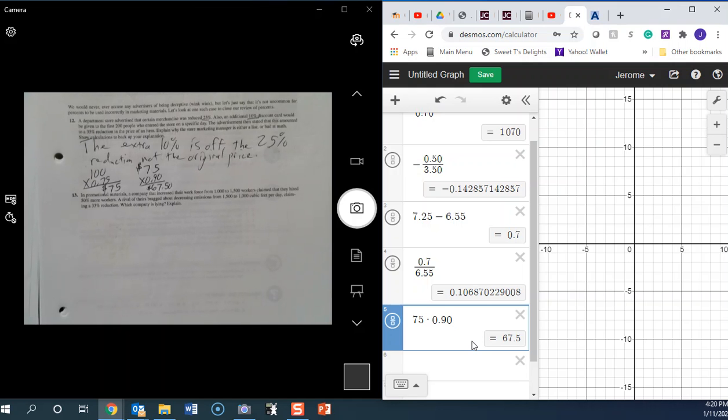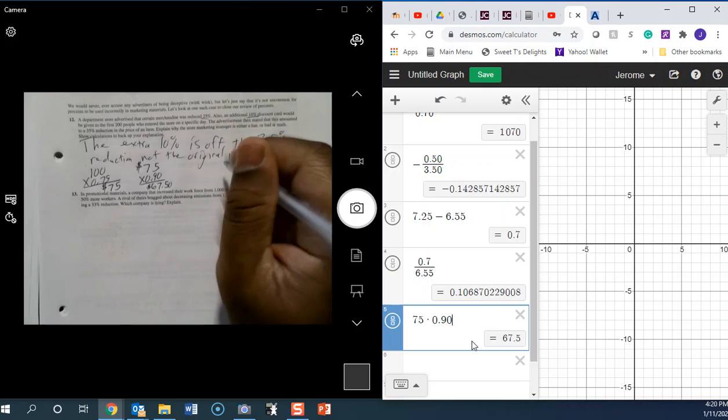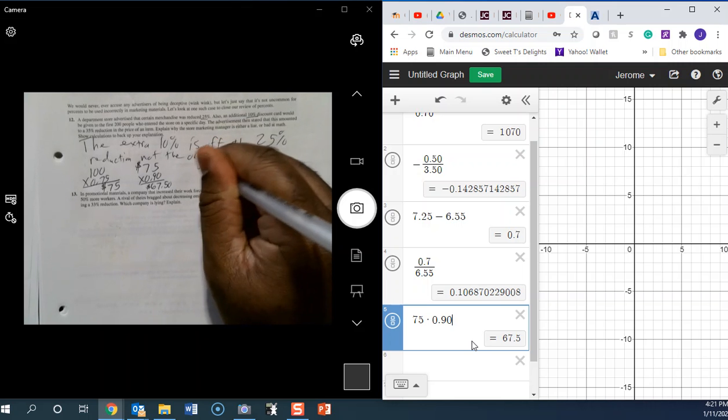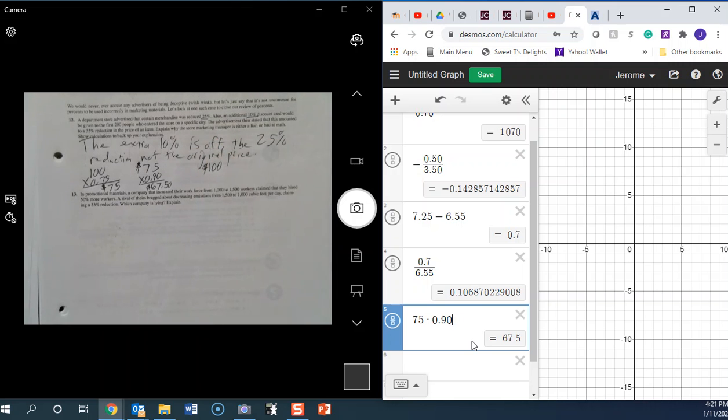Now, let's test the theory about this marketing scheme saying that it's 35% off. So if we take $100 and say it's 35% off, you know that means that we'll only be paying 65%. Because remember, 100% would be the full price.